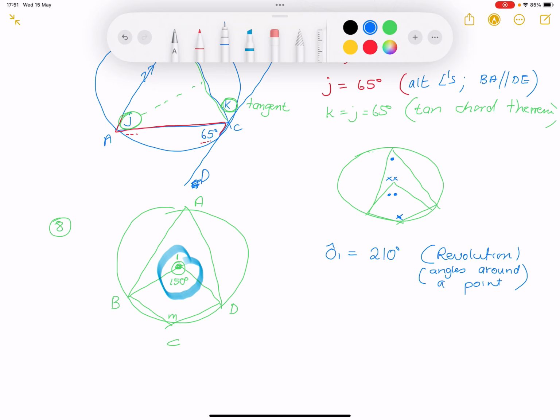So in other words, now we have worked out that that is 210. So now that angle is twice that one. Yes, ma'am. So in other words, this would be the half of that one, because the bigger one is always at the center. Yes, ma'am. So that is then 105. So M is equal to 105, because angle at center is 2 times angle at circumference.